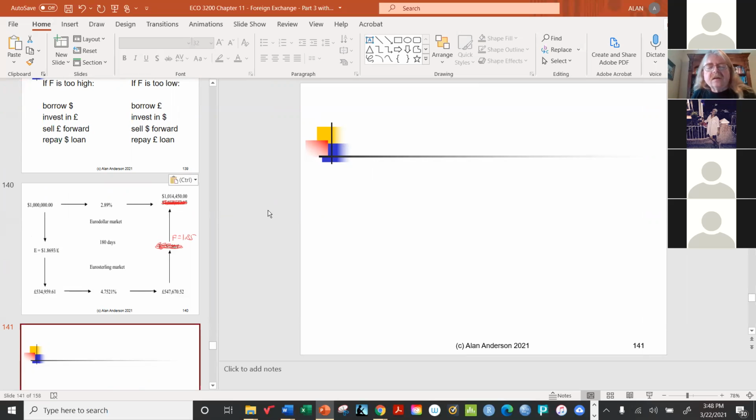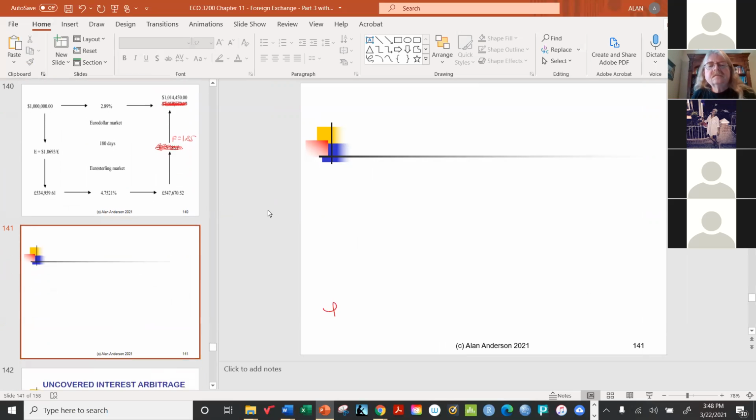So we're starting down here with 534,959.61. And then we're going to convert these into dollars at the current spot exchange rate of 1.8693.